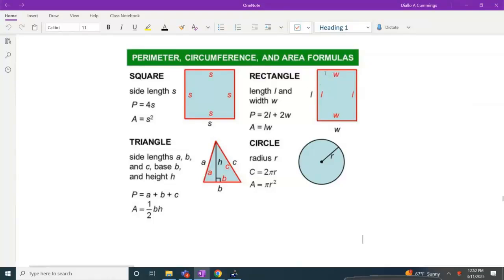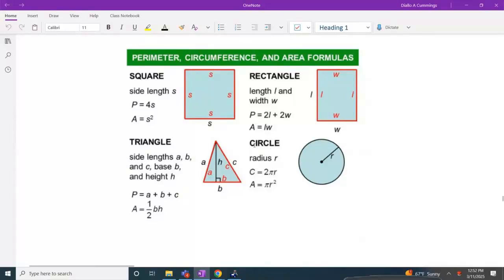We have 2 sides that are considered to be the width, 2 sides that are considered to be the length. So we're given a formula that the perimeter of a rectangle is twice the length plus twice the width, basically the same thing as adding all 4 sides. You could also find the perimeter for a triangle, right? You would simply add the 3 side lengths.